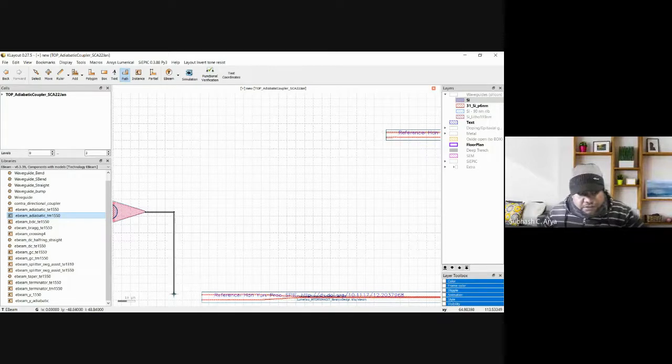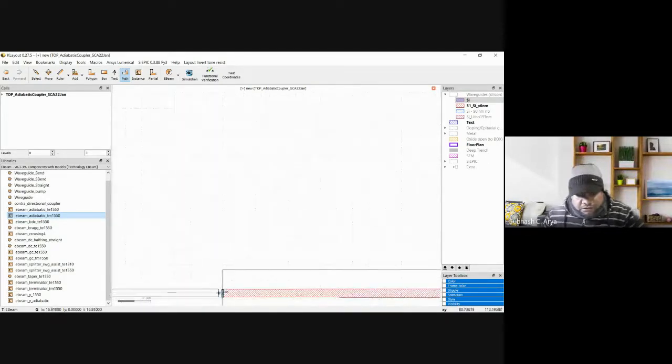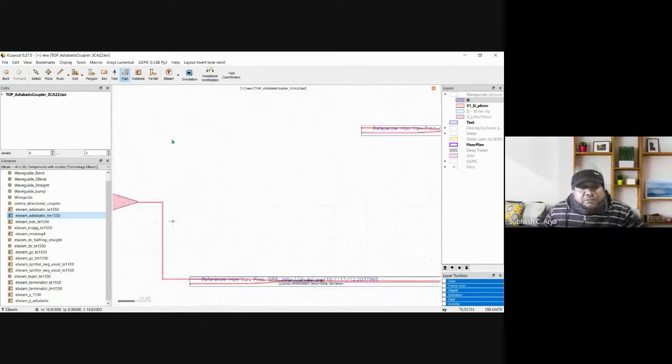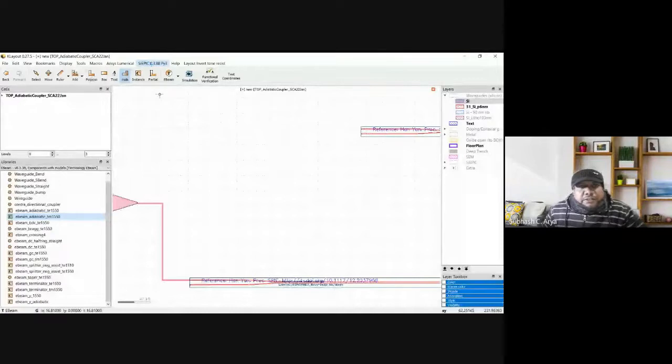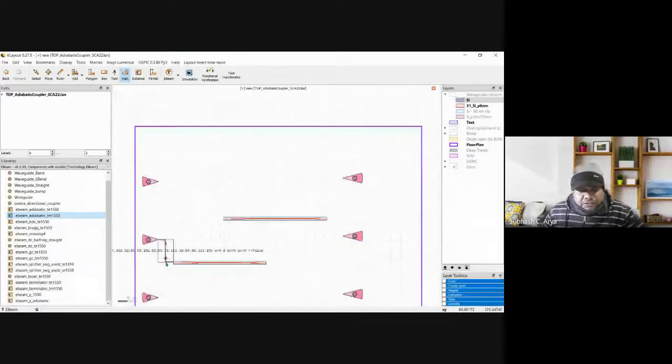Let us see whether we are able to keep this 5 micrometer bend radius perfectly or not. Let me check: waveguide, path to waveguide at 5 micrometer. So perfectly right. This connection is made.